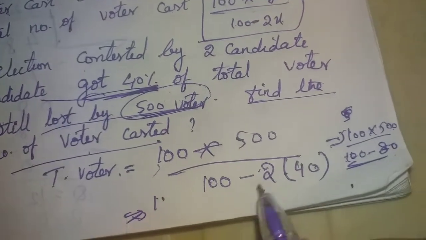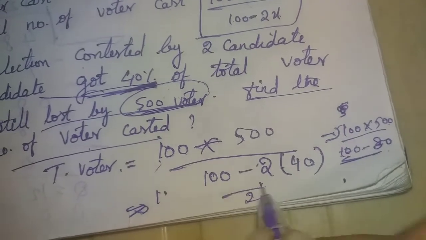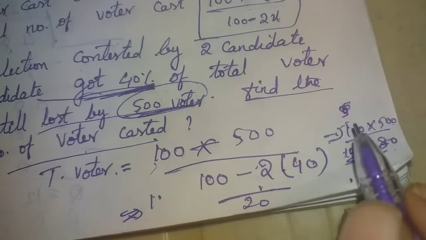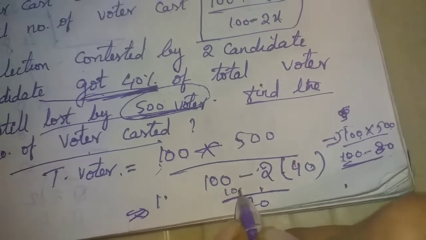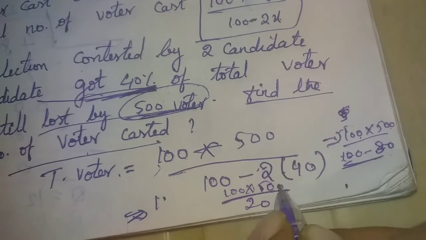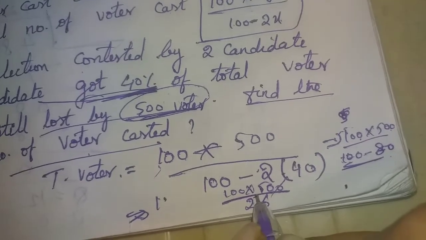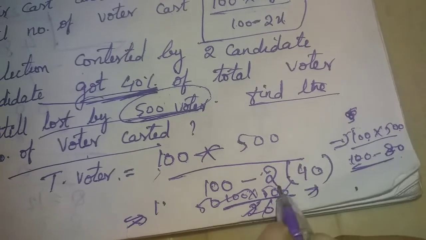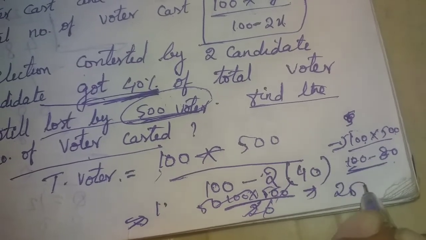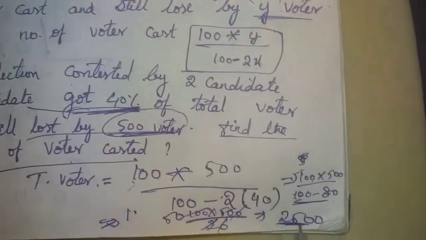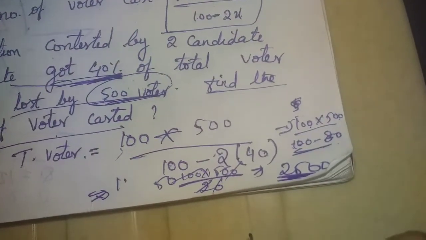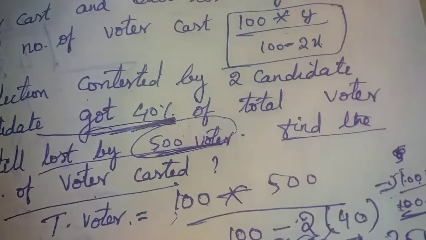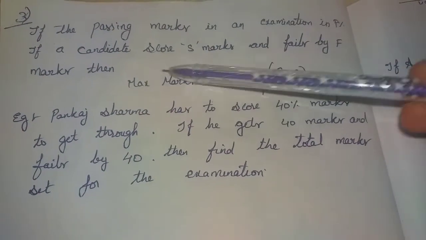So 100 into 500 by 20. The zeros get cancelled. 2 5s are 10, 5 5s are 25. 2500 is the answer.